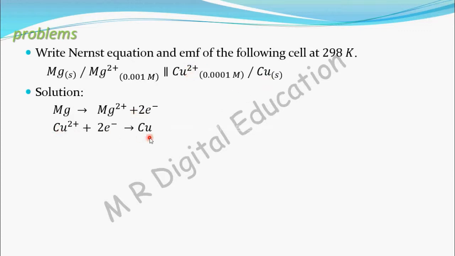Now combine these two reactions, these 2 electrons will get cancelled. What is left on this side? Mg and Cu2+, and on this side Mg2+ and Cu is left. So this is the cell reaction of this cell.